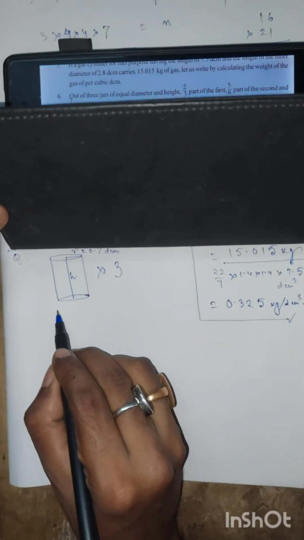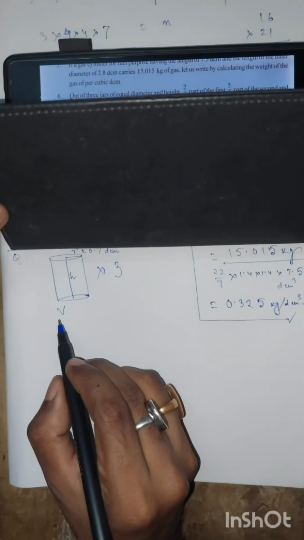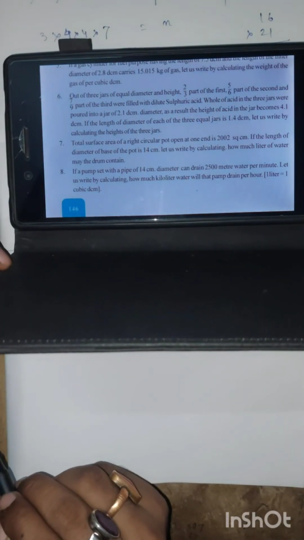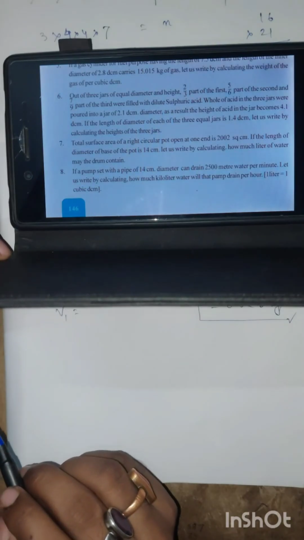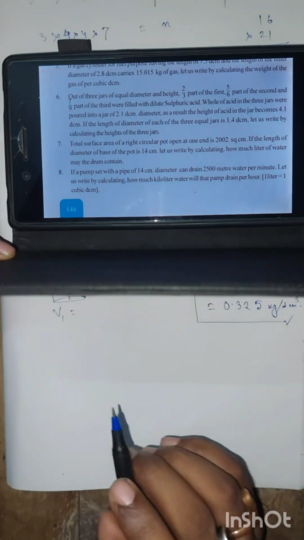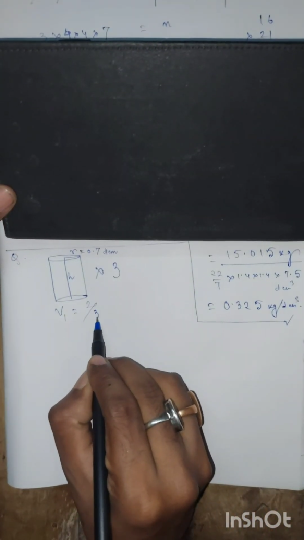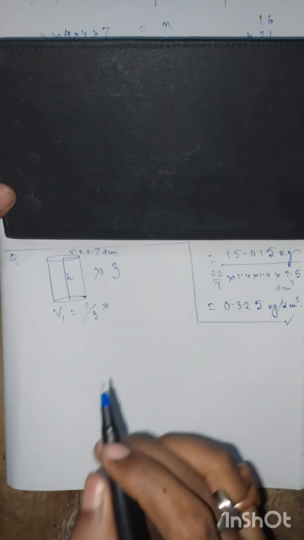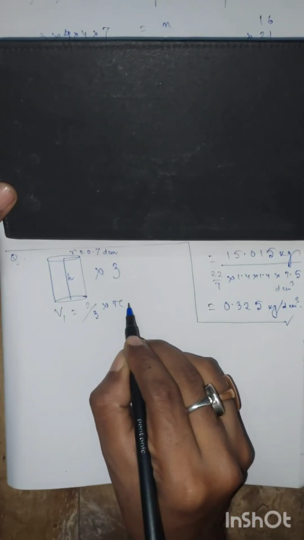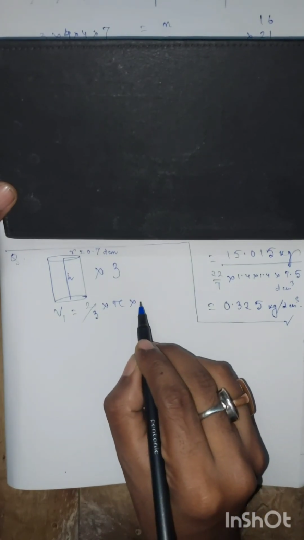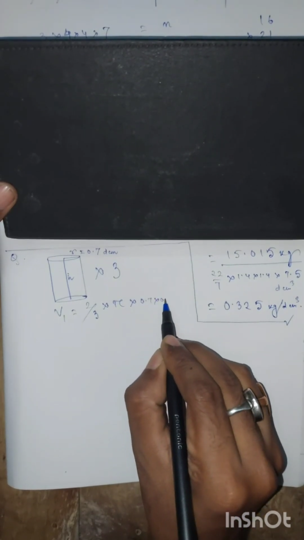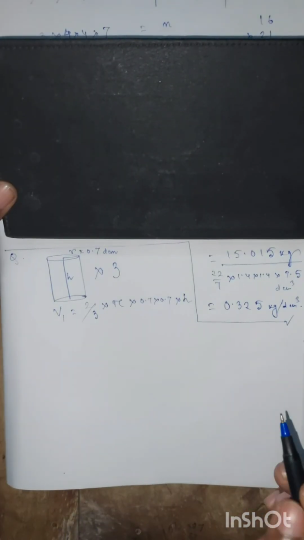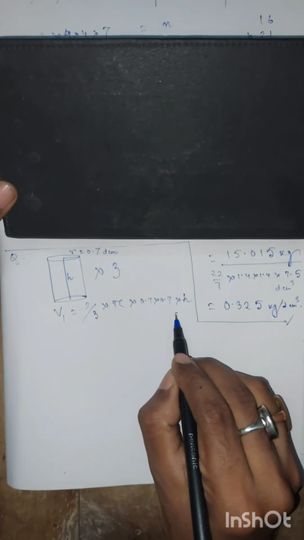So the volume of acid in first jar, V1, it is two-third part of the first, so two-third into pi into 0.7 into 0.7 into h dcm cube.